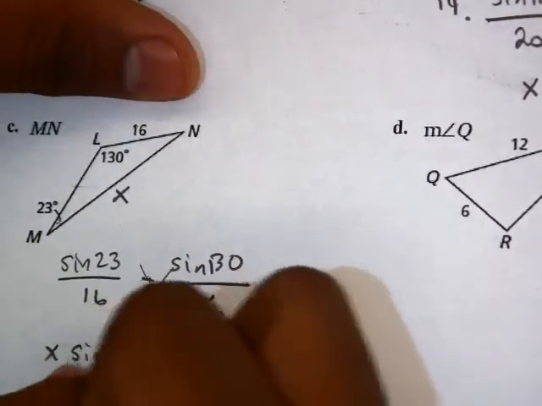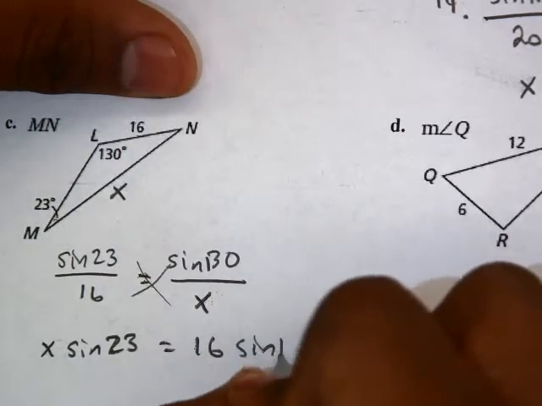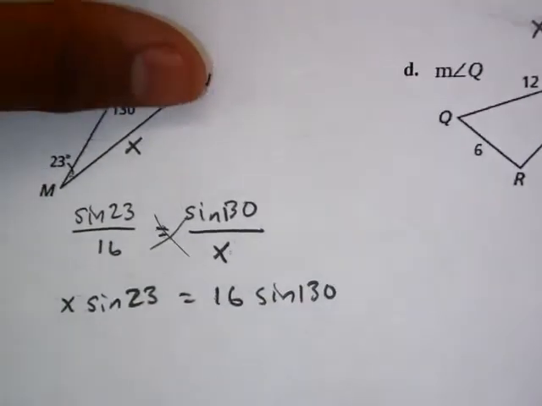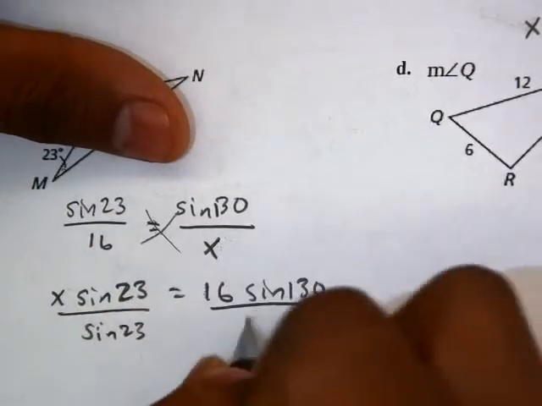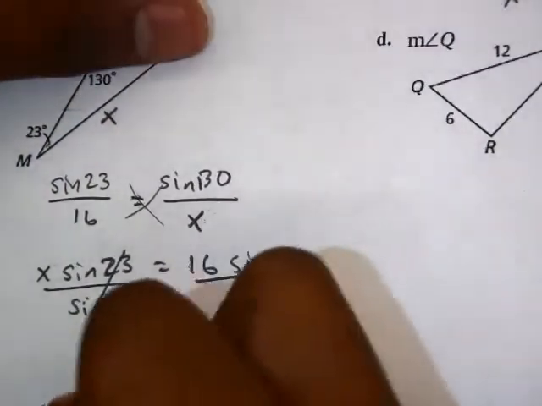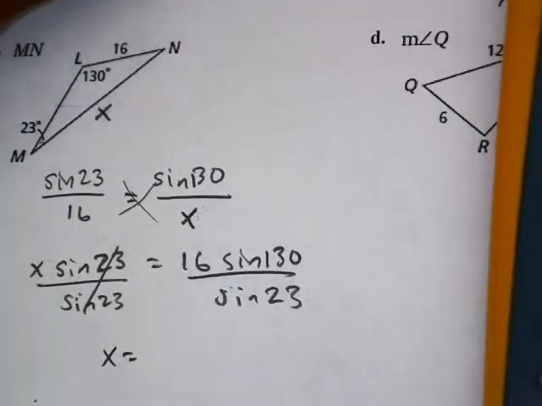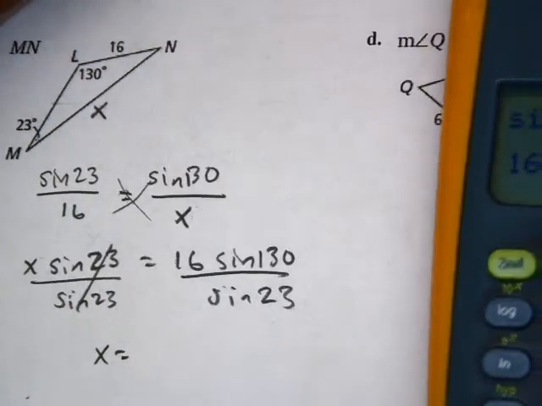X times sine 23 should equal 16 times sine 130. Divide both sides by sine 23. So x equals 16 times sine 130 divided by sine 23.